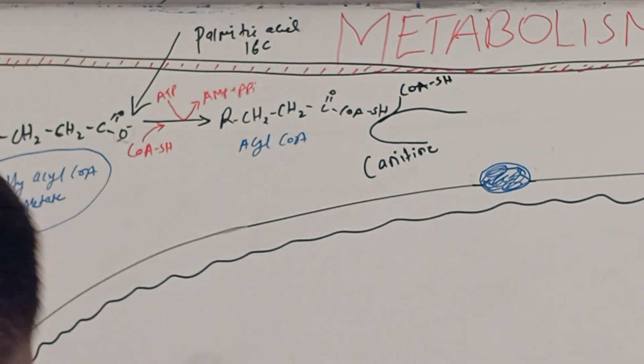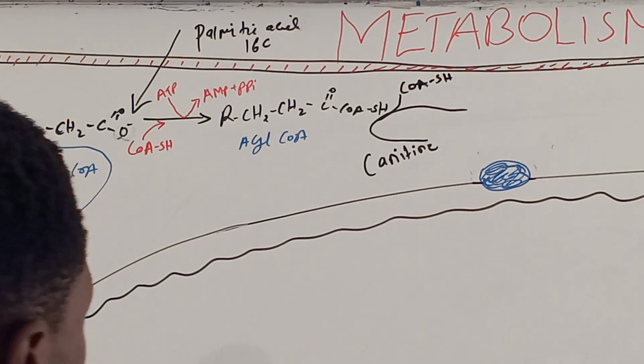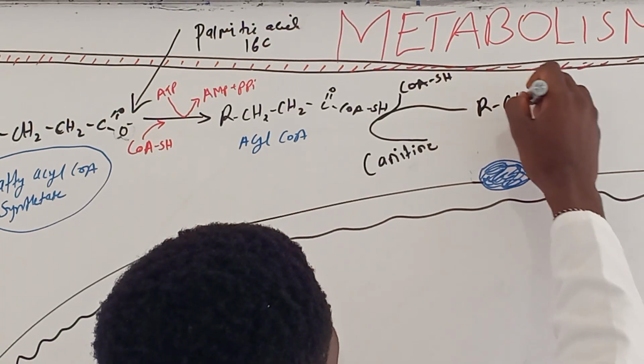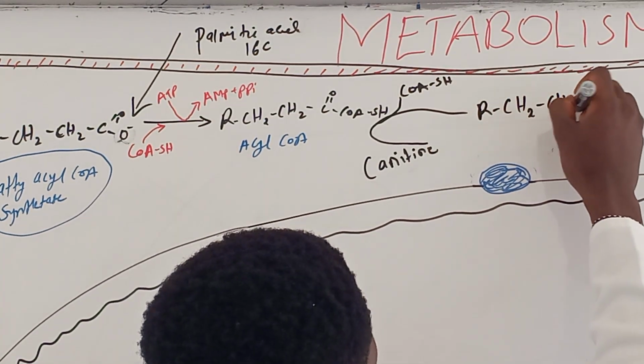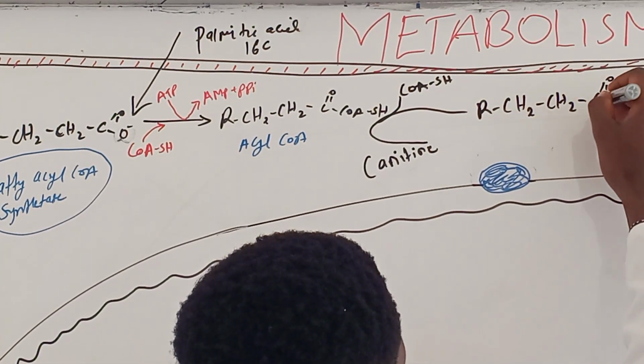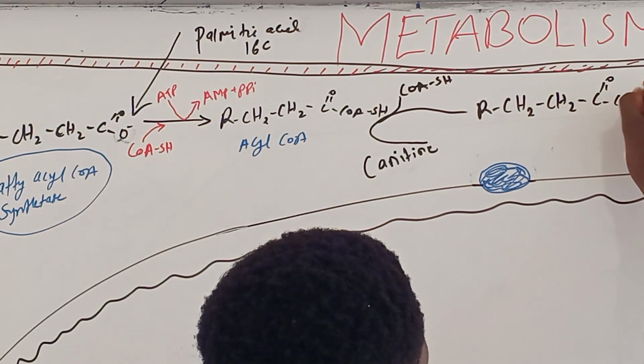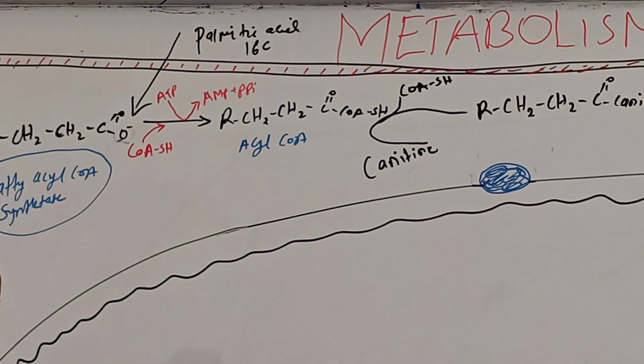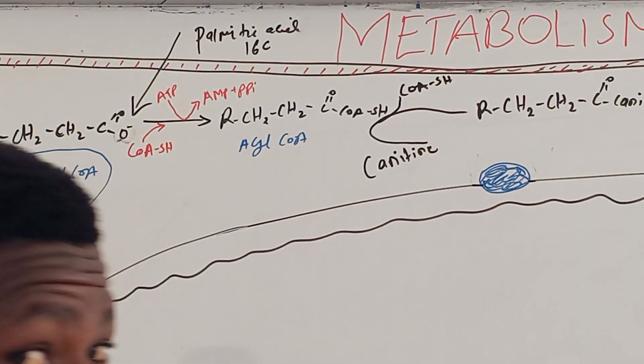Alright. So what are we going to form? We are going to form RCH2 CH2 carnitine. So this is called fatty acyl carnitine.